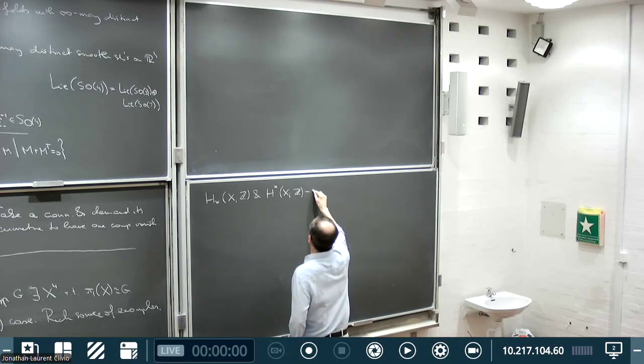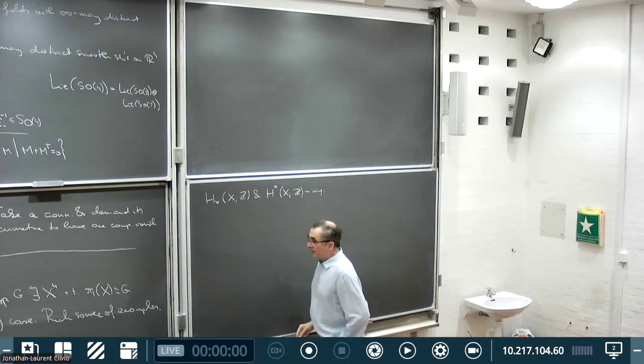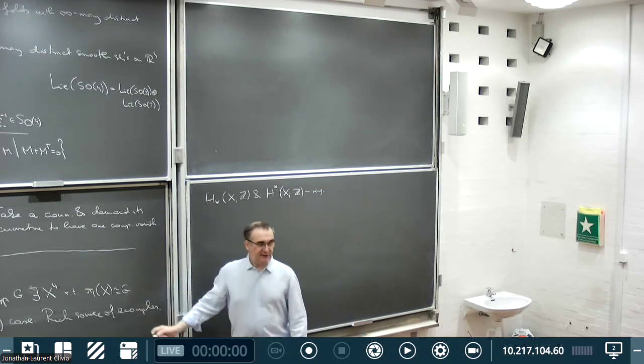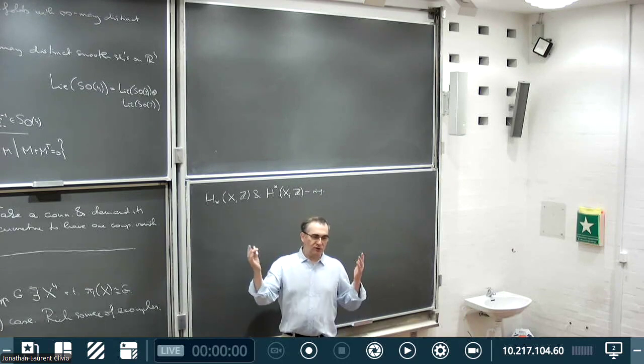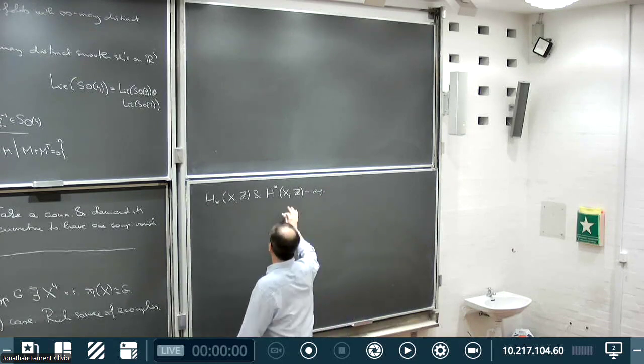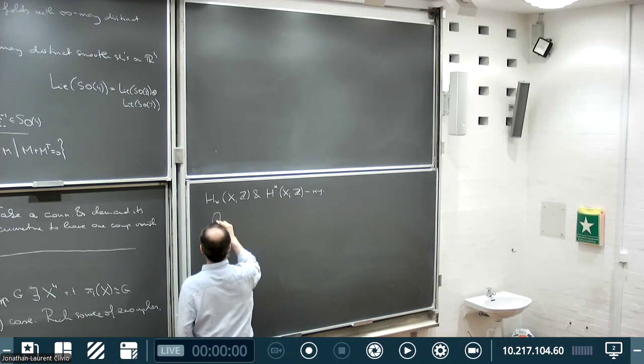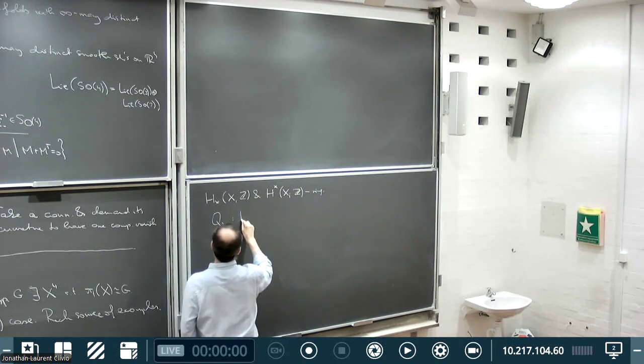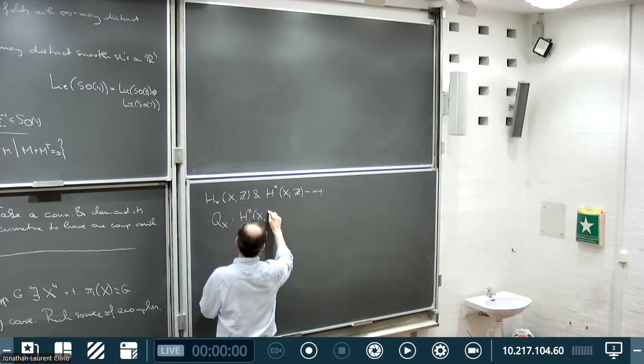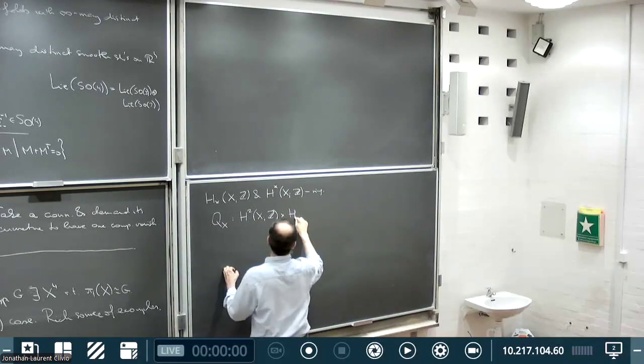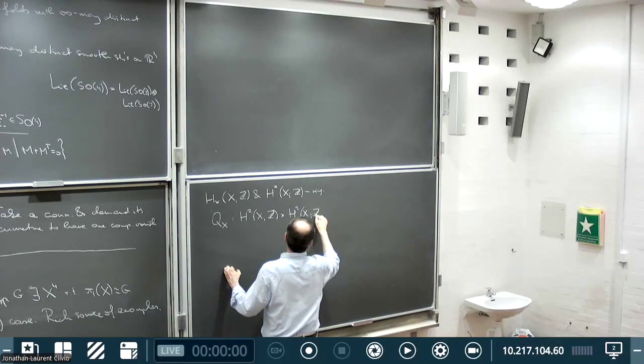So we take this as a ring. If we assume simple connectivity, then of course the first and the third cohomologies vanish. So the ring structure is captured by one single map, which goes from the second to the fourth.